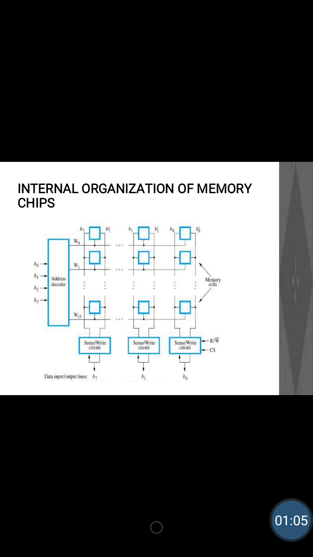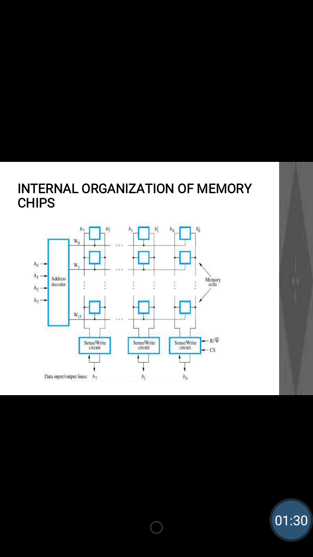Look at W0: with the line W0, I have many cells B0 till B7. B0 is in one cell, B1 is in one cell, B2, B3 likewise till B7, meaning 8 bits under one word line. In a similar manner, word line 1, W1, again has 8 bits, and it continues till W15.